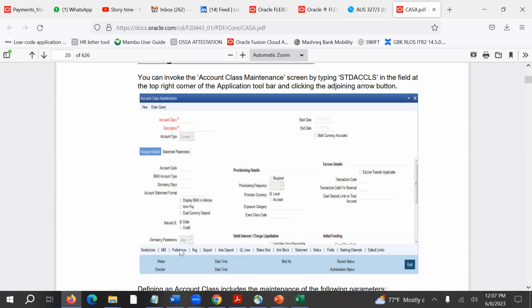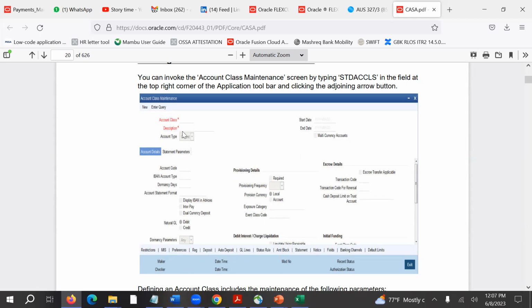Then there are preferences where you will have additional features, like whether overdraft is allowed, whether ATM is allowed, whether checkbook is allowed, and the default reordering of checkbook, like if 15 leaves are used and only the remaining 10 are left, then a checkbook request has to go automatically.